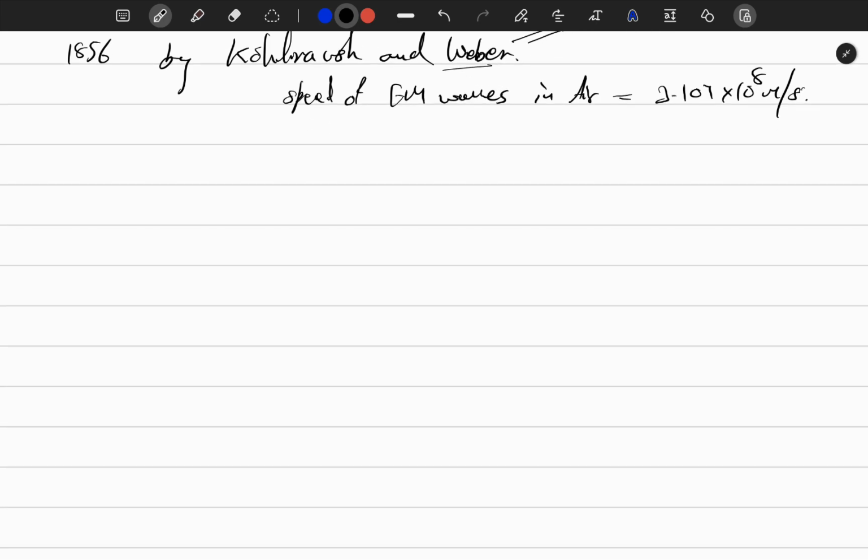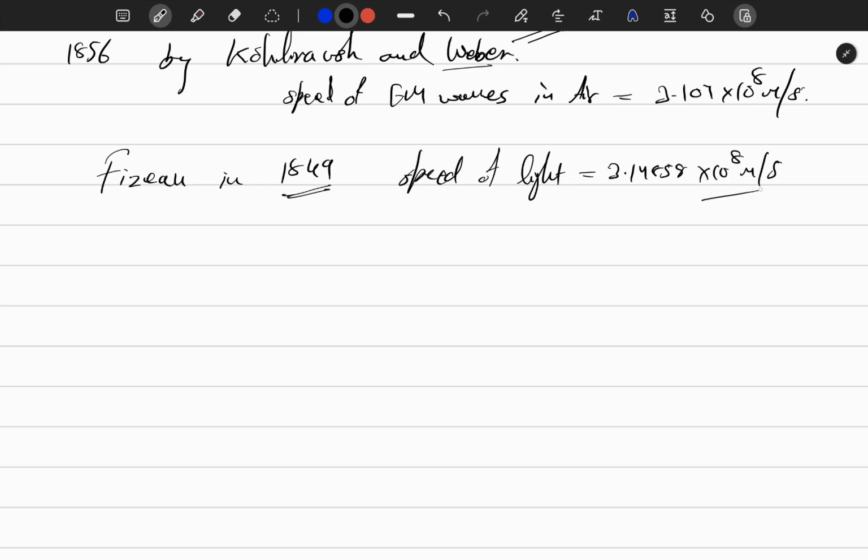Okay, and he found that the value is very close to the measured value of the speed of light, which was measured by Fizeau in 1849, the most accurate value of the speed of light at that time, 3.14858 times 10 raised to power 8 meters per second.